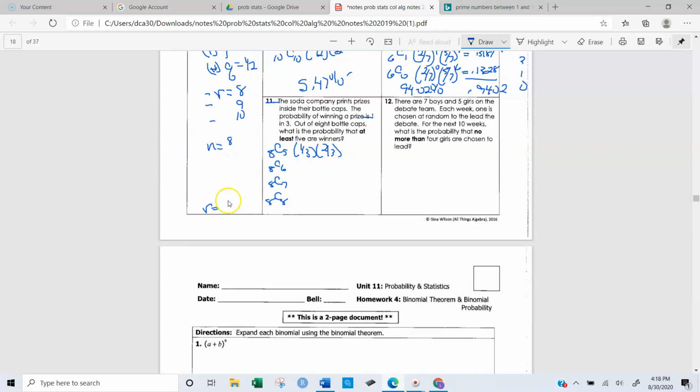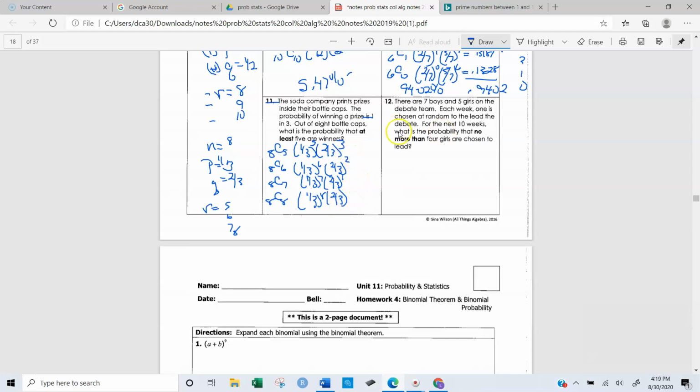R equals 5, 6, 7, and 8. P is 1/3. And Q is 2/3. Okay, 1/3 to the 5th, 2/3 cubed. 1/3 to the 6th, 2/3 squared. 1/3 to the 7th, 2/3 to the 1st, 1/3 to the 8th, and no 2/3.